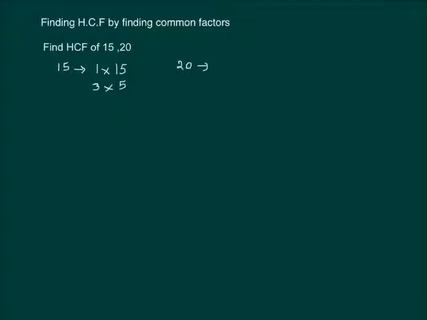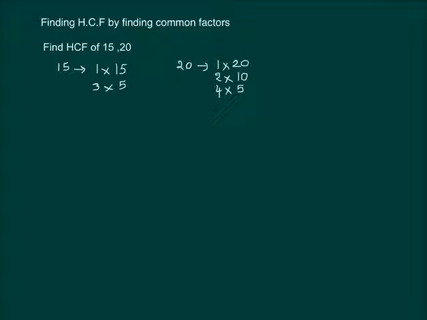Similarly, let us find the factors of 20. 1 into 20 will be 20. 2 into 10 will be 20. 3 is not a factor of 20, but 4 into 5 will give us 20. 5 into 4 gives us 20.